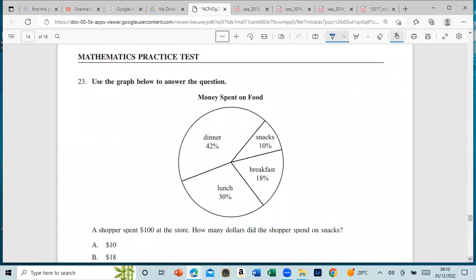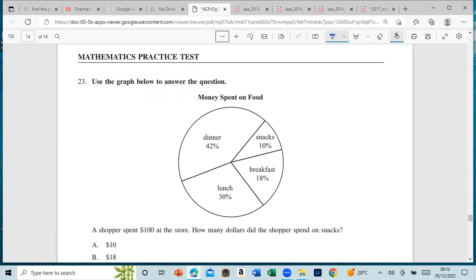Twenty-three says, use the graph below to answer the question. It's money spent on food. Dinner 42%, snacks 10%, breakfast 18%, and lunch 30%. A shopper spent $100 at the store. How many dollars did the shopper spend on snacks?